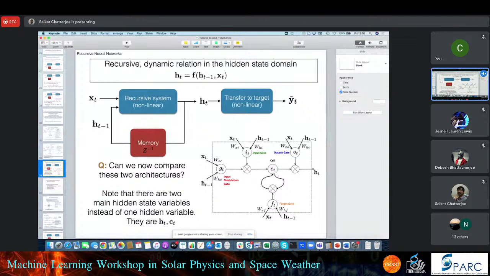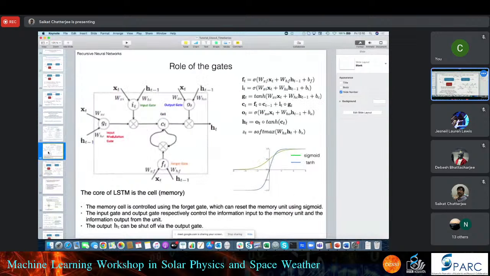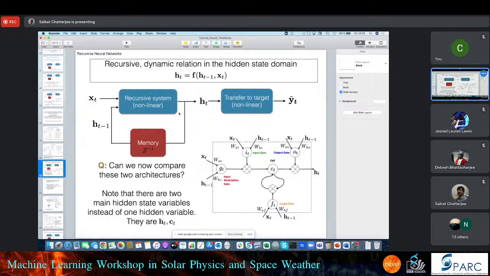And note that this gt, which you got here, is also coming out of this xt and ht minus 1. So this gt is another level of hidden variable inside. So there are several levels of hidden variables acting between each other, but ultimately ht is the main hidden variable outside.